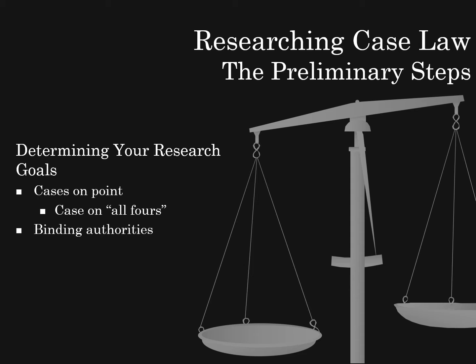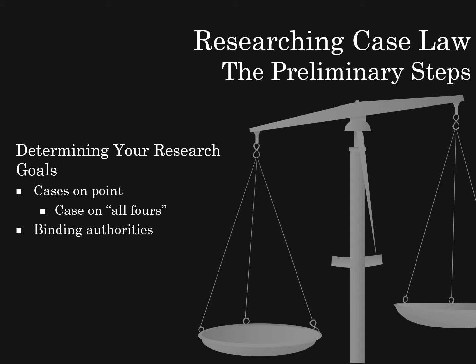So when you are doing case law research, you are looking for cases that are on point. What that means is kind of a theoretical concept that is difficult for students who are just getting started in learning about the law to conceptualize, but it's a past case that has similar factual circumstances and similar issues to our client's problem.